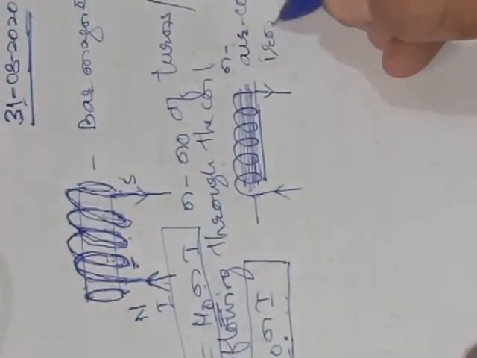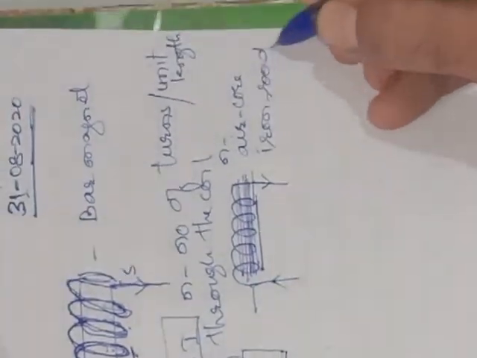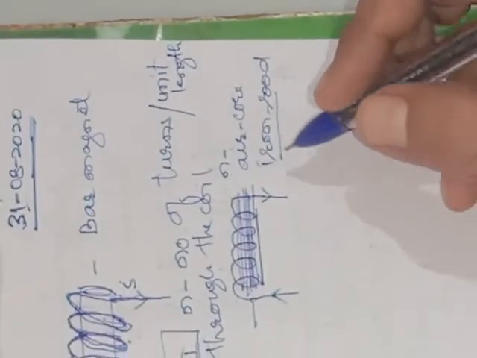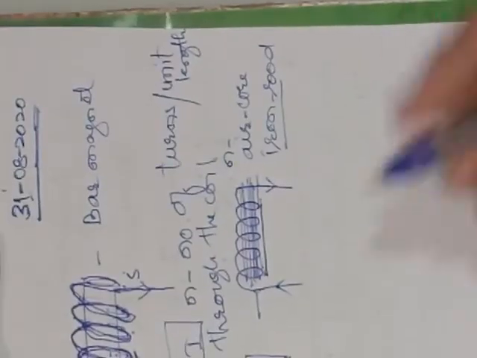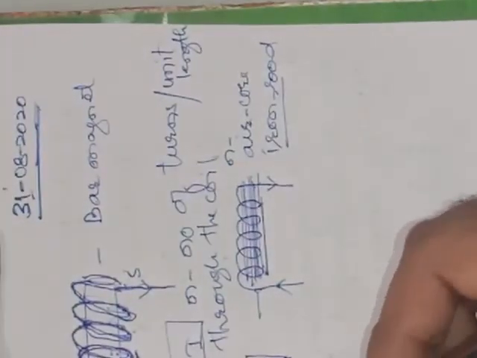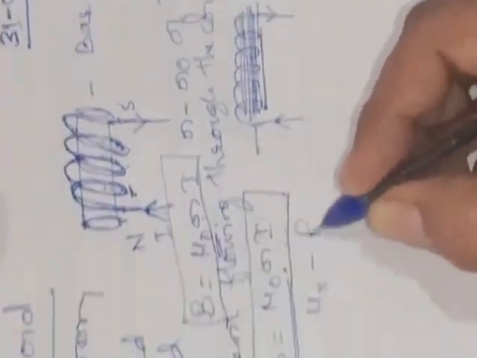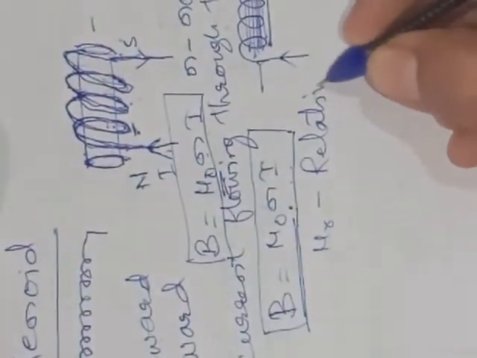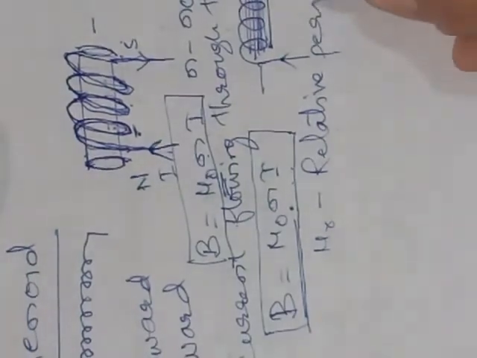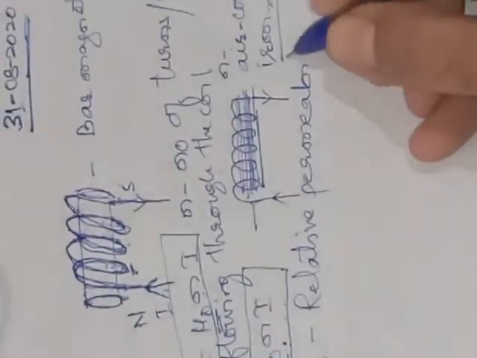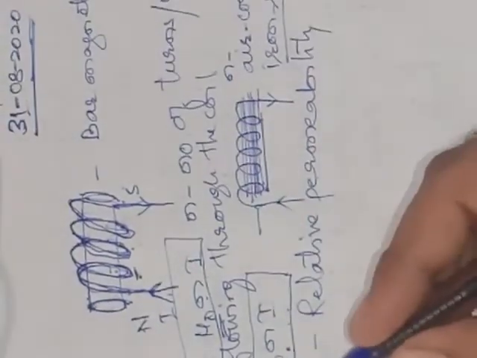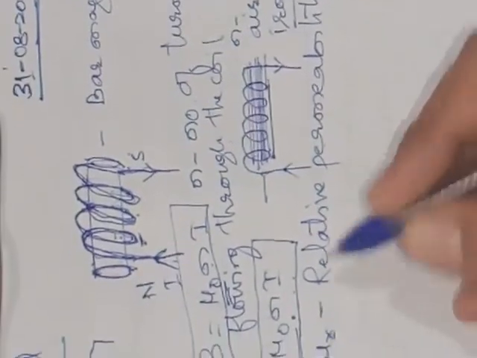But if we keep an iron rod, this will have relative permeability mu r.